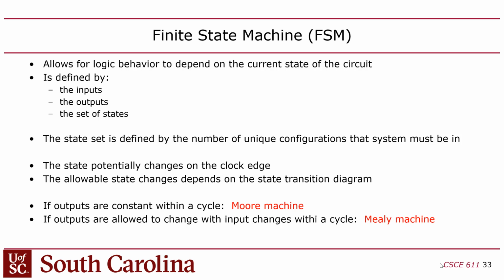A finite state machine is defined by its inputs, its outputs, and the set of states that it can go through. In the case of your program counter, what are its states? It's pretty much its count, from 0 to 4095 and then back to 0. So the set of states is like our memory, the potential configurations of the memory.